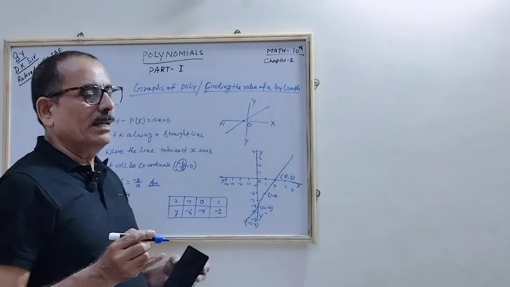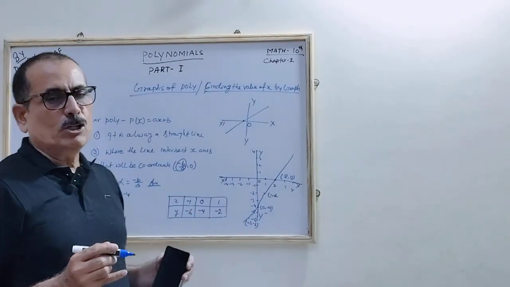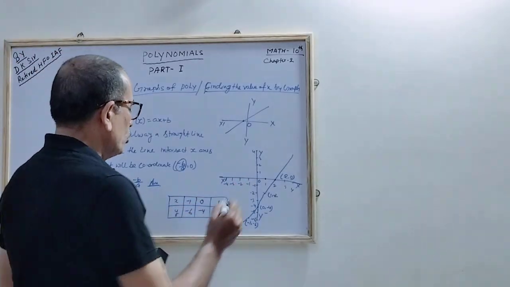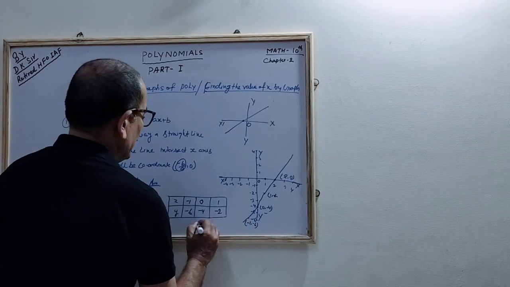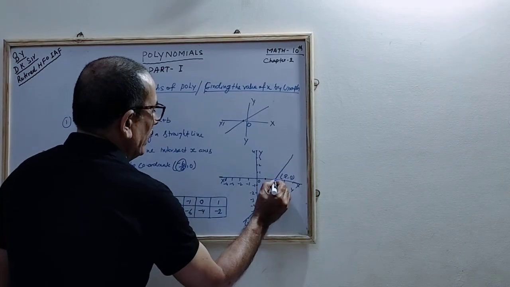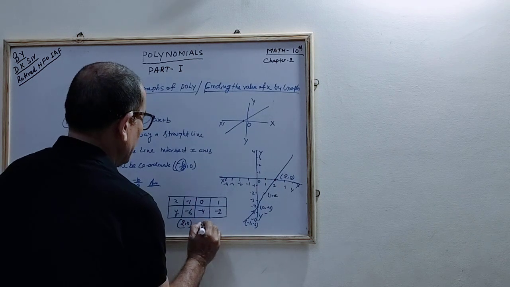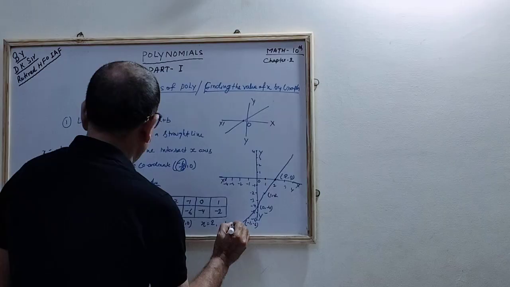The 2 is said to be the abscissa and the y is said to be the ordinate. So the value of x is 2, that is, alpha is equal to 2.